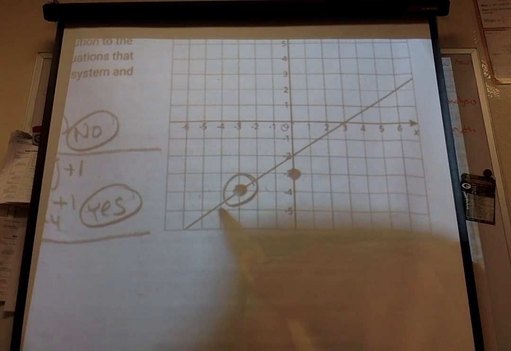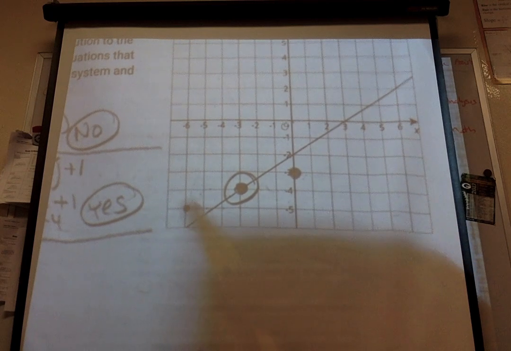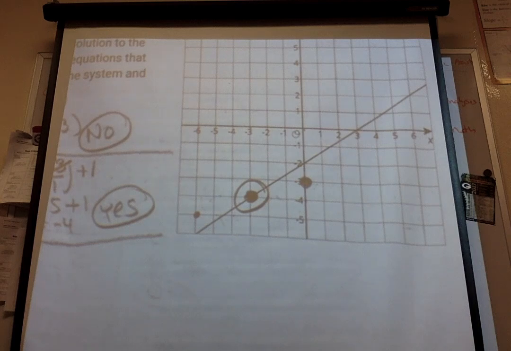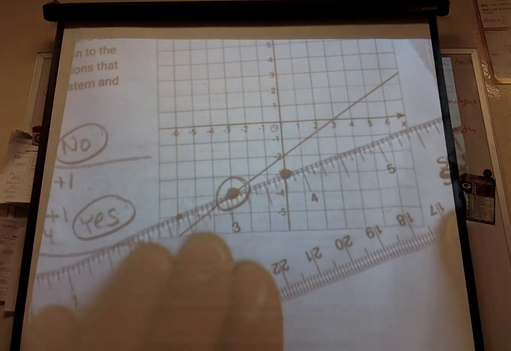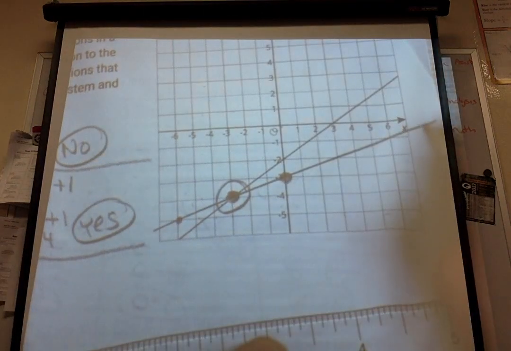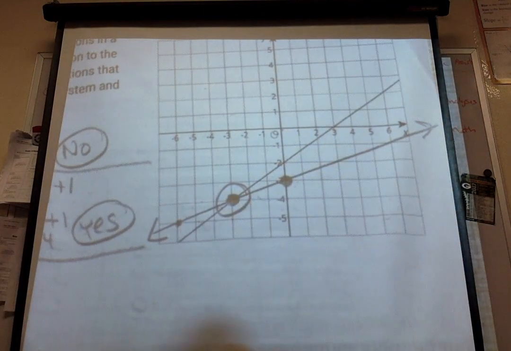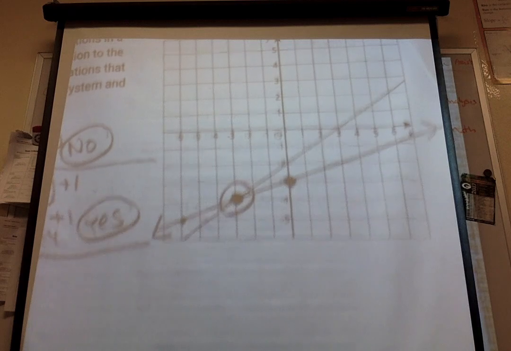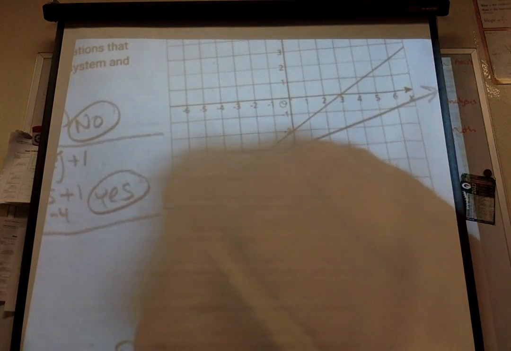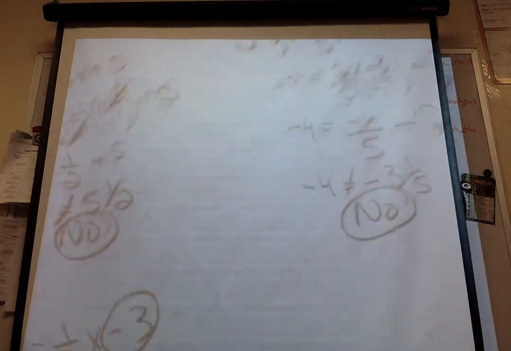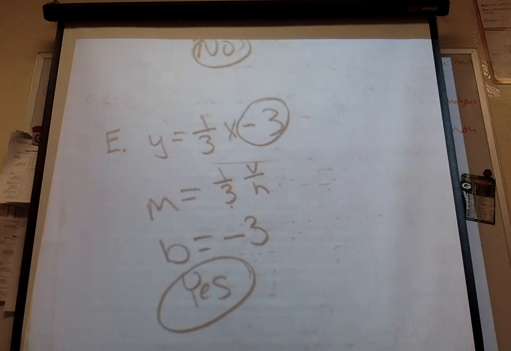Our slope is positive 1/3. So overall, looking from left to right, it is going uphill, which means it's a positive slope. So, does E work? I want to label it E, and yes, it does.